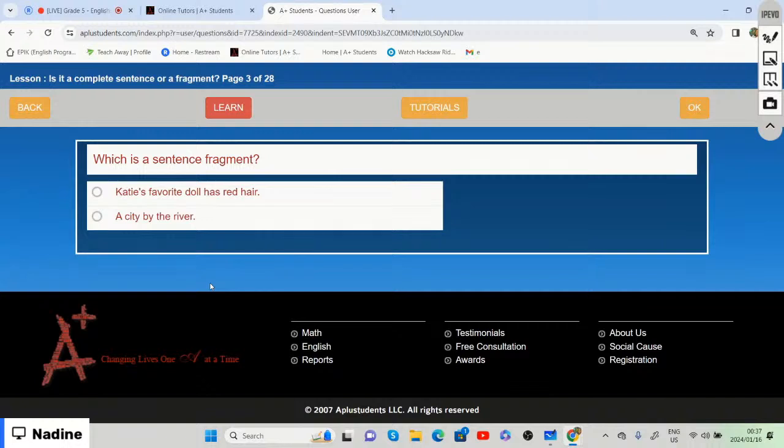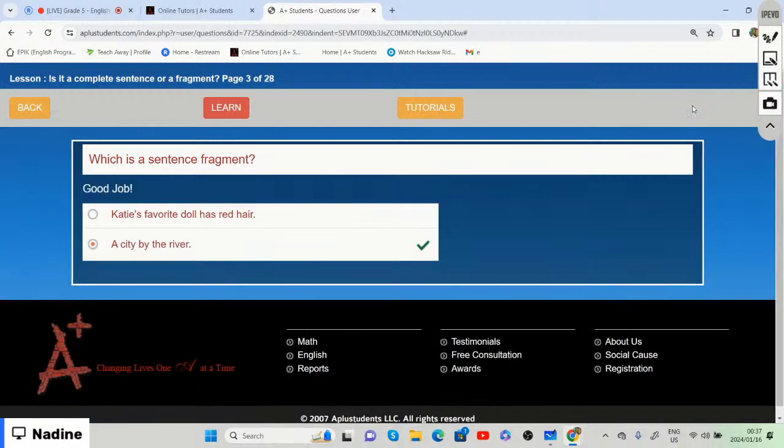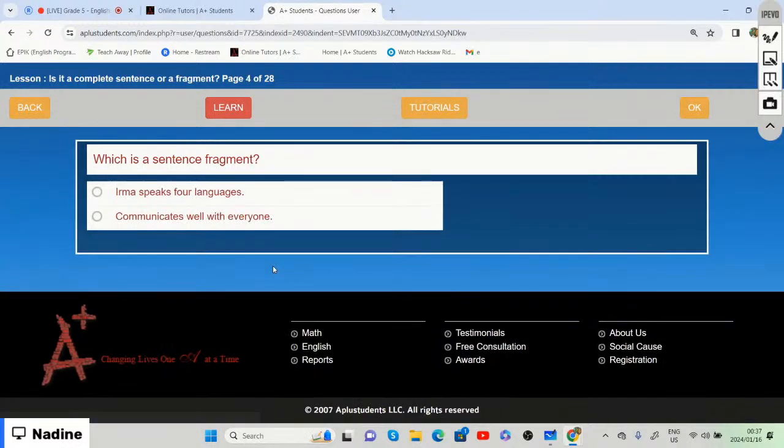If we look at the first option, Kathy is a subject, so basically, Kathy's favorite doll has red hair is a sentence. Then a city by the river is our fragment. So the second option is correct.